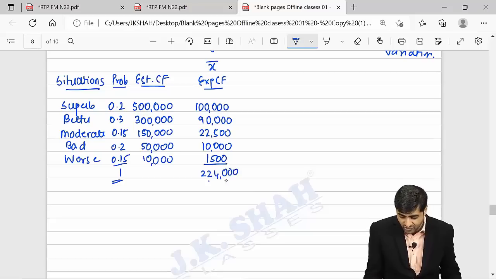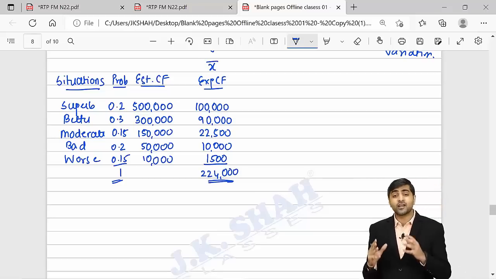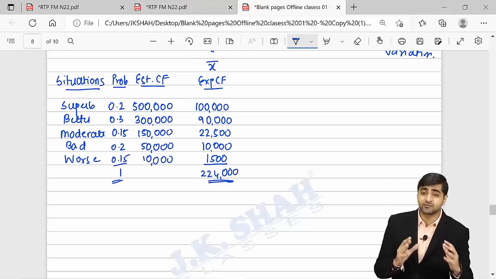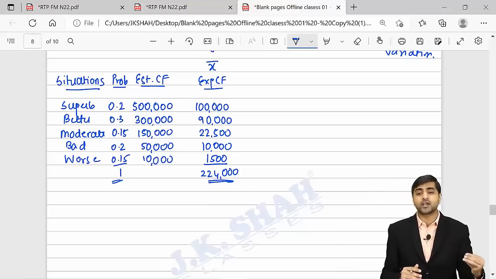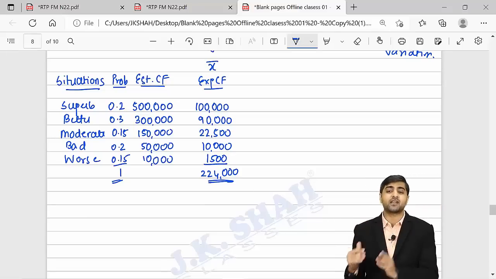So that's your average cash flows. This is on average what is expected at the end of the 5th year. So to calculate the NPV, we have to discount this 2,24,000 and bring it to present value terms.